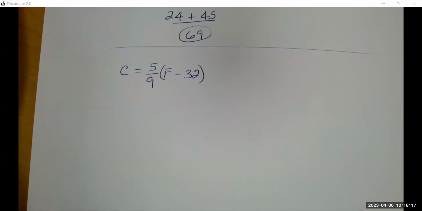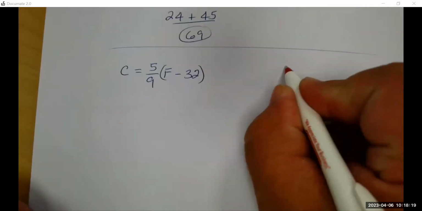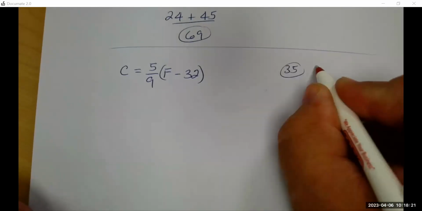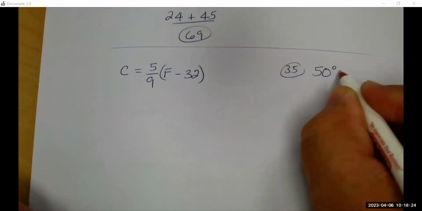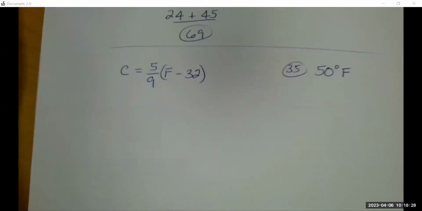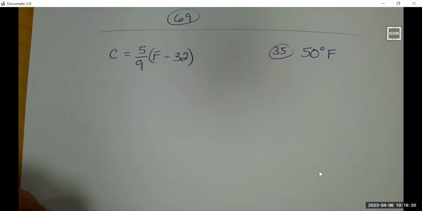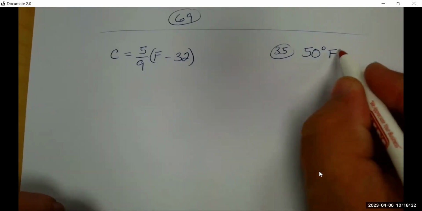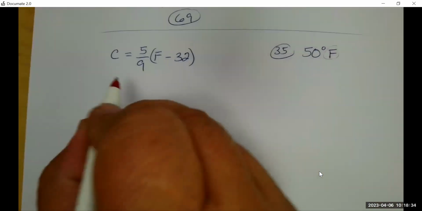So let's look at the first one. It's going to be the same process. Number 35. What if we had 50 degrees Fahrenheit? So that's where my F value is.